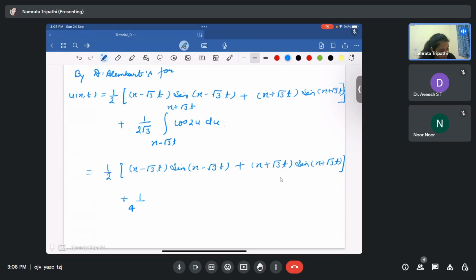So this will give 1 upon 4 root 3 times sin of, if we put the upper limit and the lower limit, and so this is the value of u(x,t).